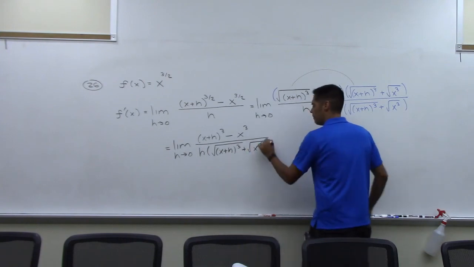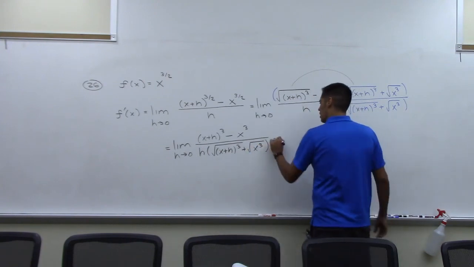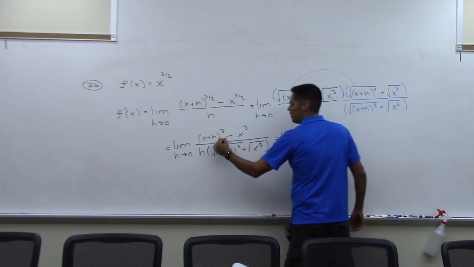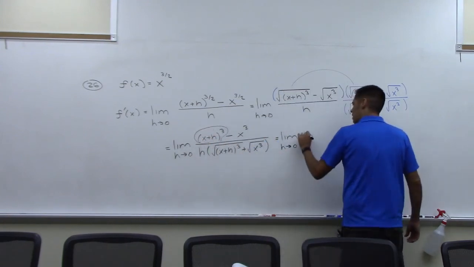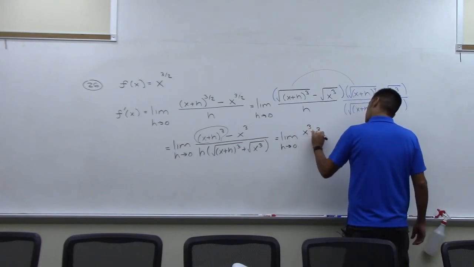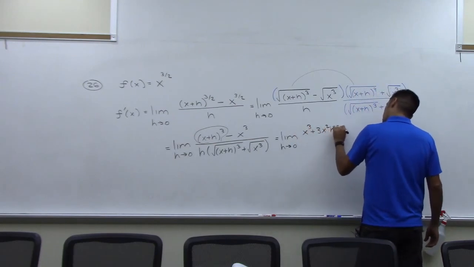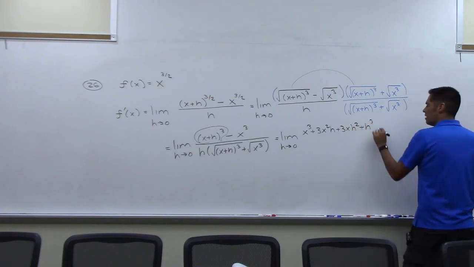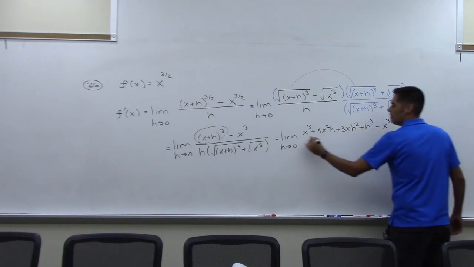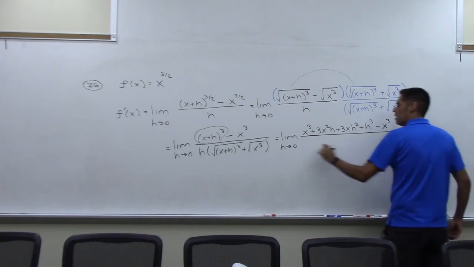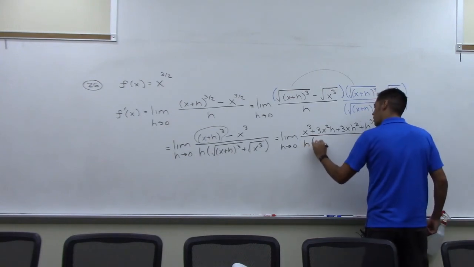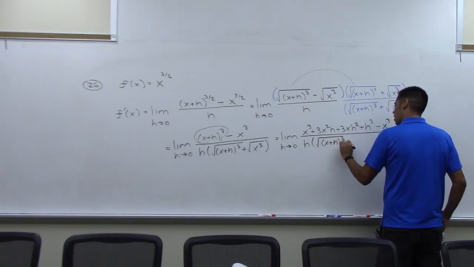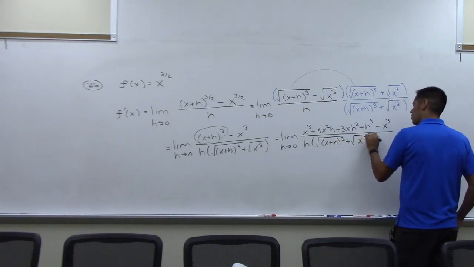Like that. And then I'll do another line where I'm going to expand this out. When I expand that, I get x cubed plus 3x squared h plus 3xh squared plus h cubed. Then I still have that minus x cubed all over h, and then square root x plus h cubed plus square root of x cubed.